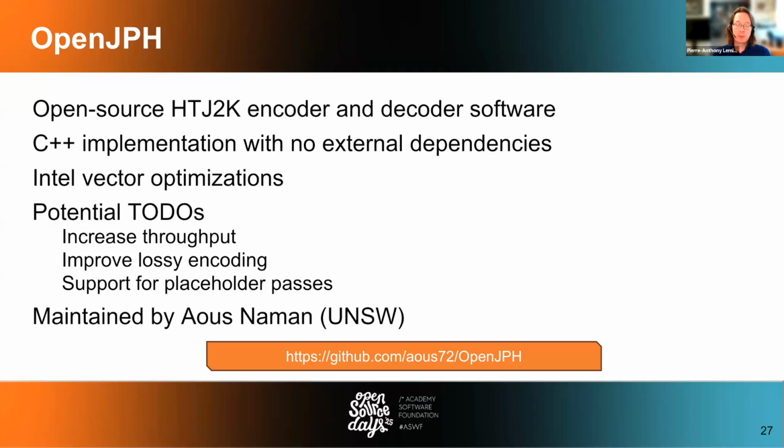So especially if we go down the path of enabling lossy J2K in OpenEXR, that's something we might want to spend some time on, improving support for lossy encoding in OpenJPH. And then there's some really geeky stuff about support for placeholder passes. Anyway, like any open source project, there's always something to do, and help and contributions are always welcome.